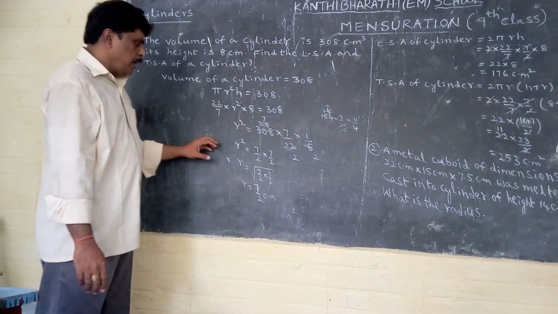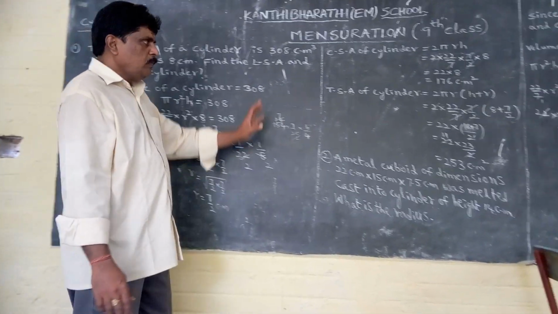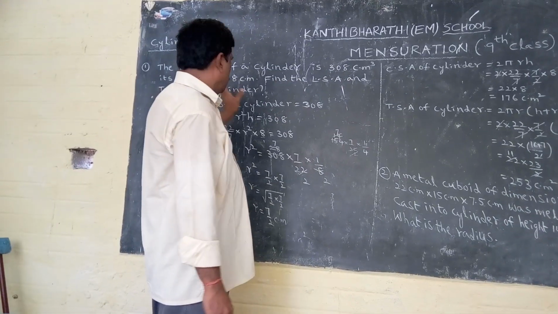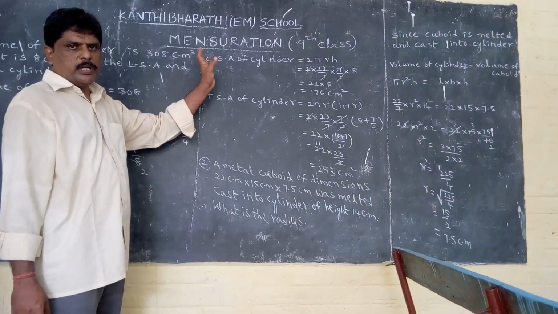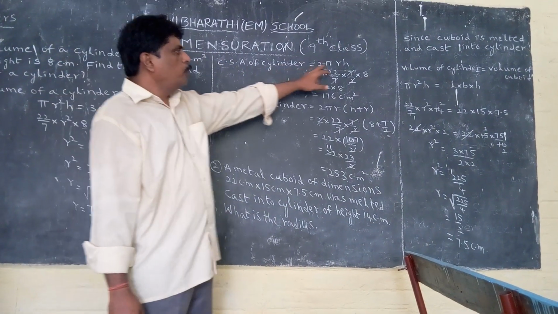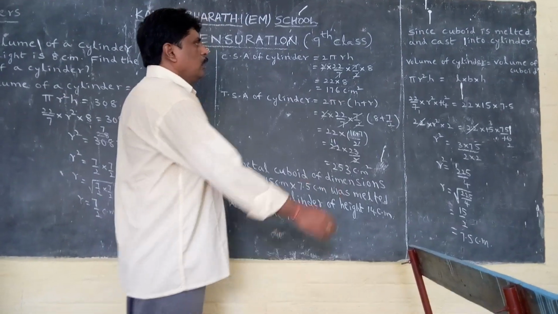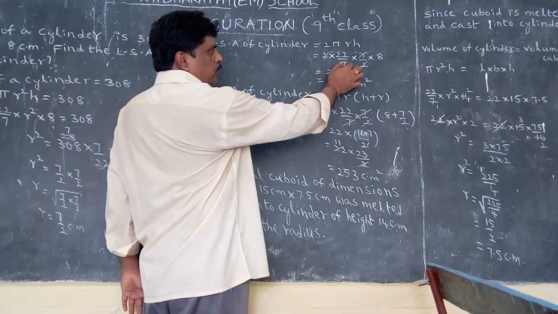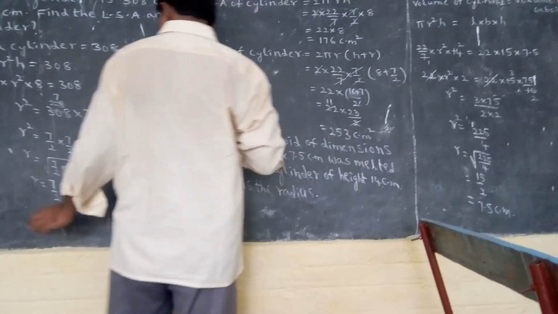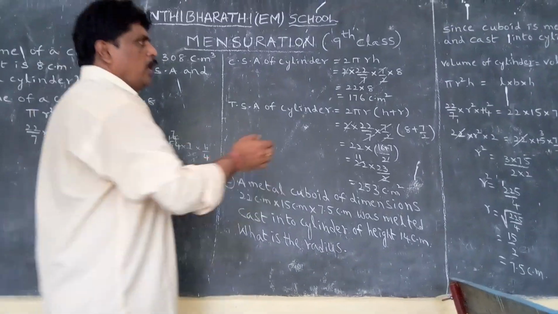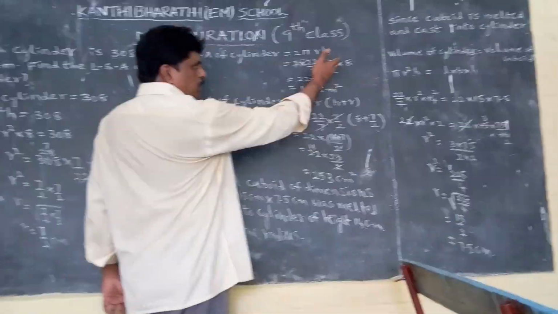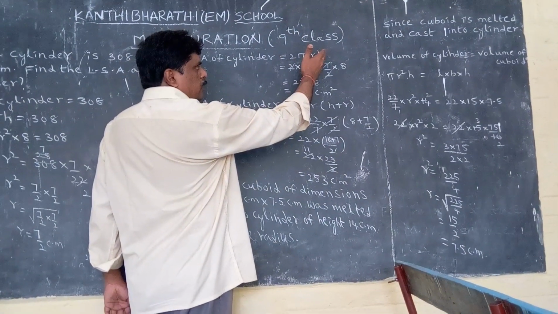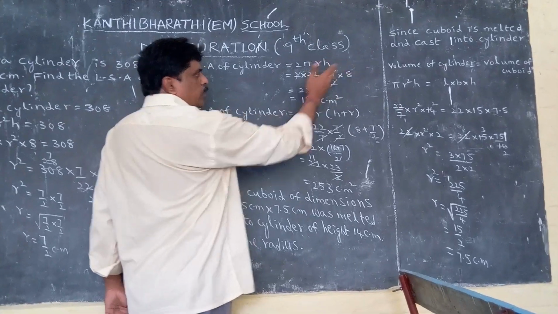So we have found the r value. What he asked is the curved surface area and the total surface area. Lateral or curved surface area of a cylinder is 2 pi r h. So here put the value 2, the value of pi is 22 by 7, the value of r is 7 by 2, and we already know the height h is 8, so put that here.